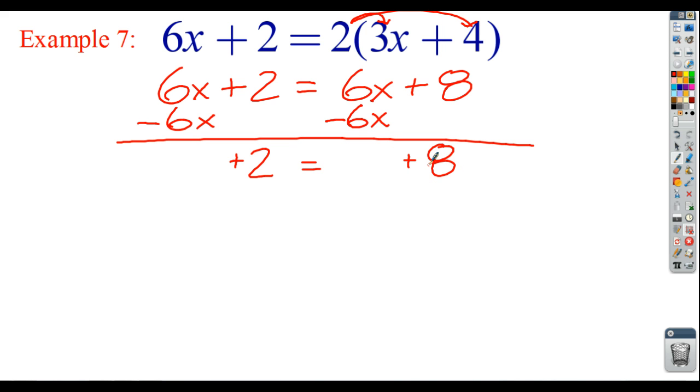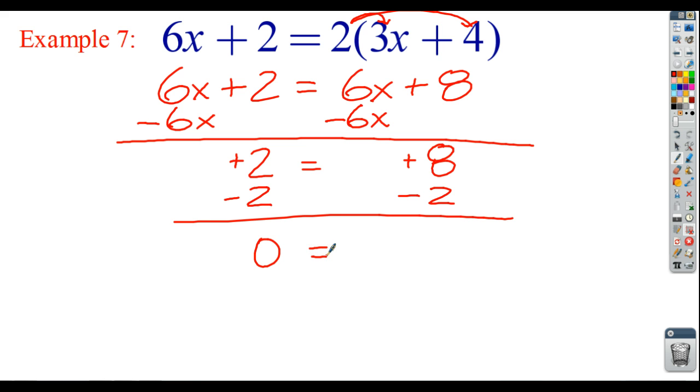I want to get rid of, it doesn't really matter, let's get rid of 2, so we'll subtract 2 from this side, and I'm left with 0 is equal to 8 minus 2, which is 6. Well, when does 0 equal 6? That's not true. That is impossible. And so what this means is there are no solutions.